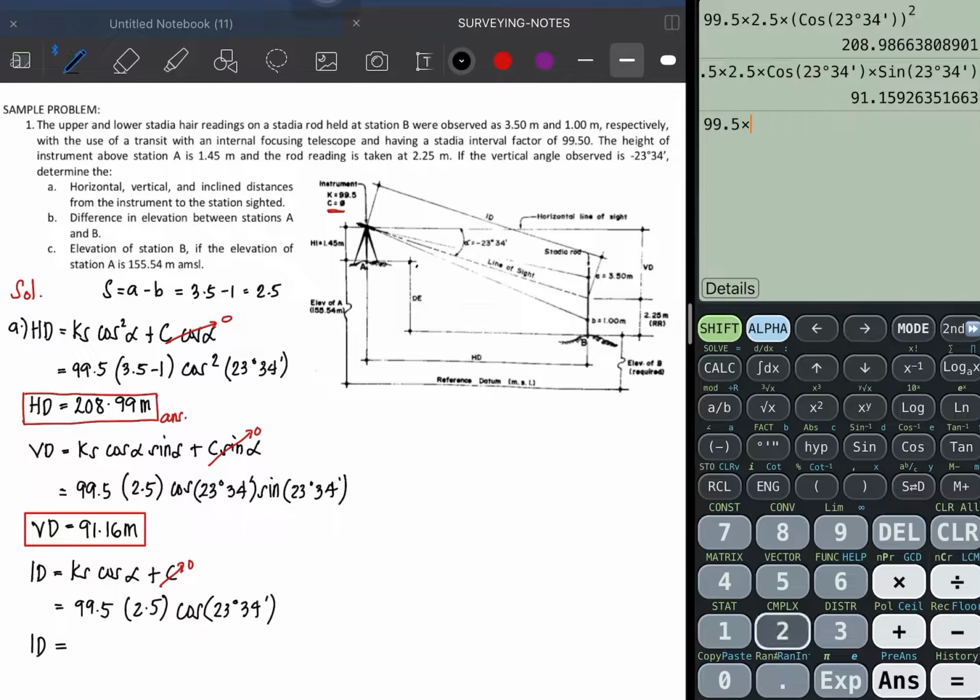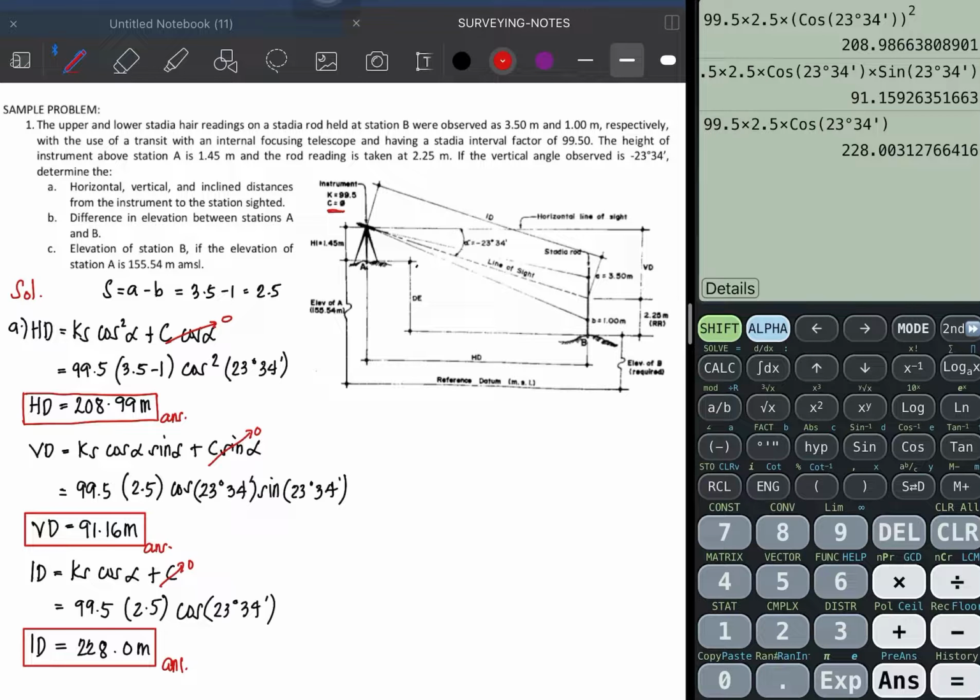So your inclined distance, you have 99.5 times 2.5 times cosine of 23 degrees 34 minutes. So that's 228.0 meters. Okay, so this is the answer.